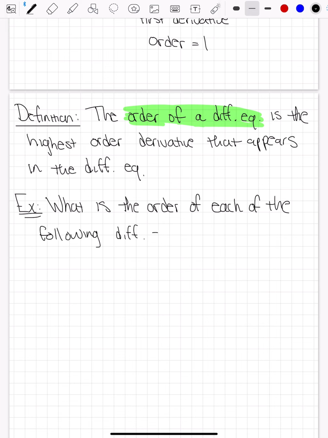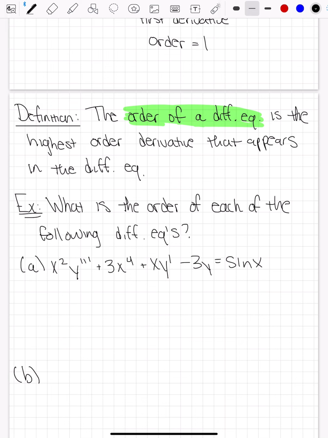A is x squared y triple prime plus 3x to the 4 plus xy prime minus 3y equals sine x. And then we'll do B, which is 4 over x y to the 4 minus 6 over x squared y double prime plus 12 over x to the 4 y equals x cubed minus 3x squared plus 4x minus 2.